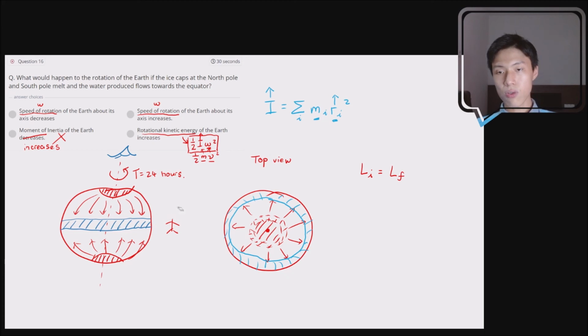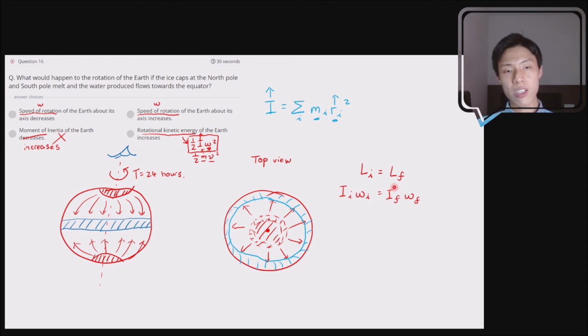So now once we know that already, the initial moment of inertia times the initial angular velocity equals the final moment of inertia times the final angular velocity. So this is the situation right now. We re-express the angular momentum in terms of moment of inertia and angular velocity. Initially we call it I initial, omega initial.